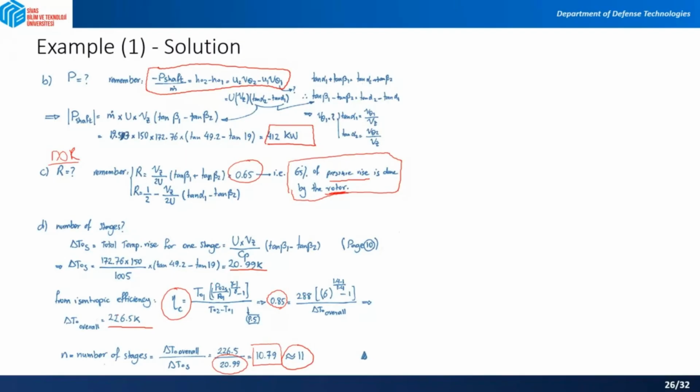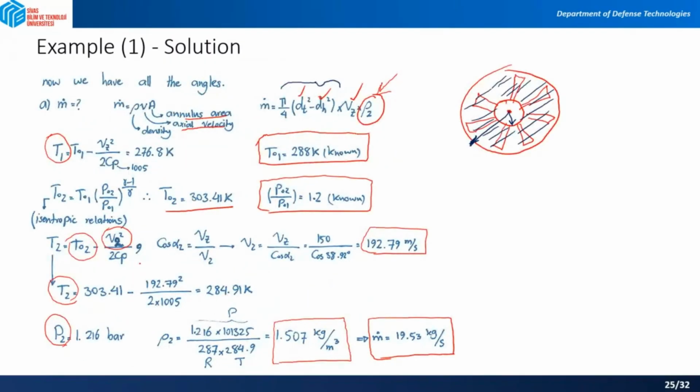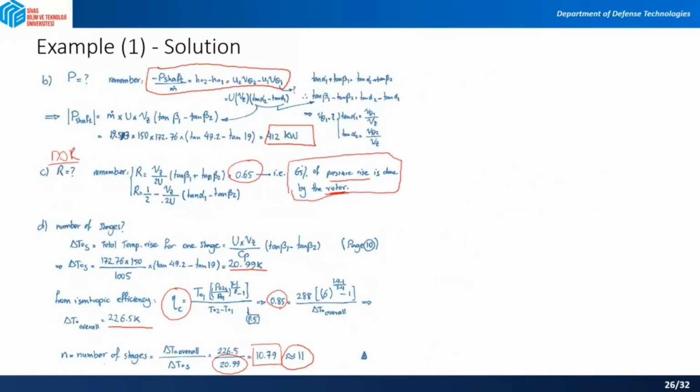I advise you to do these calculations again for yourself. Also try to put these formulas aside, just to be able to go fast and to find the relations.